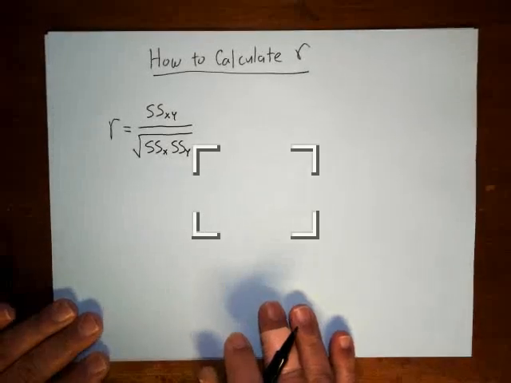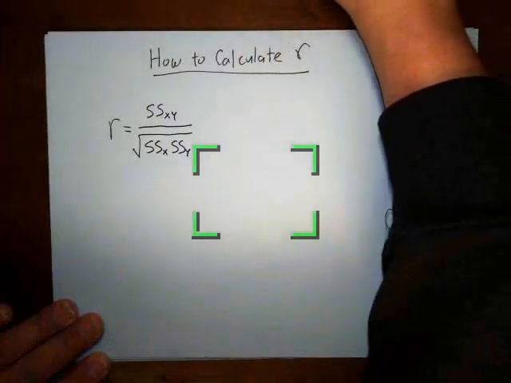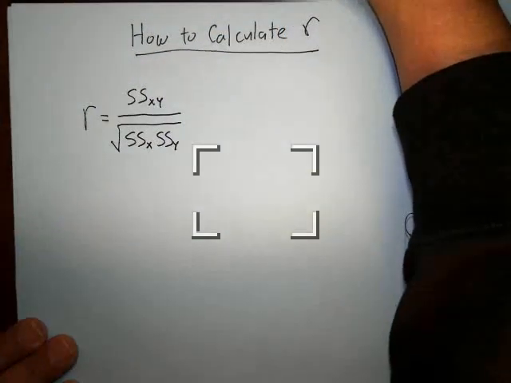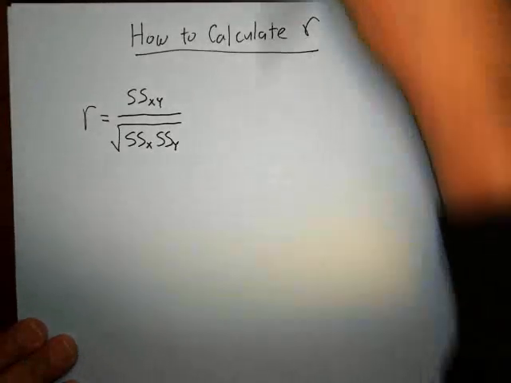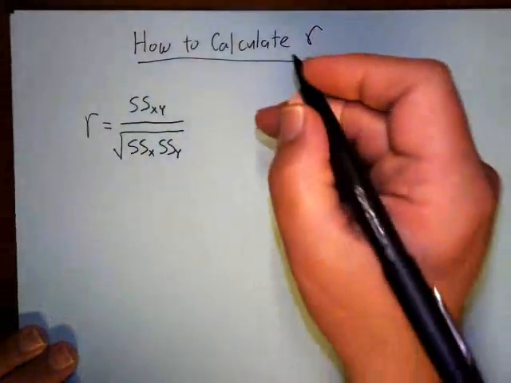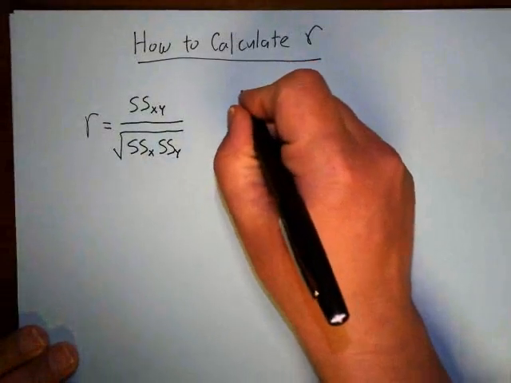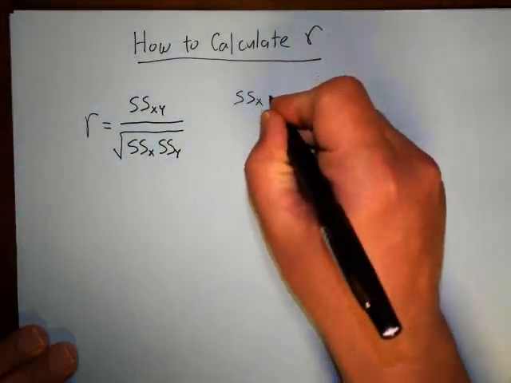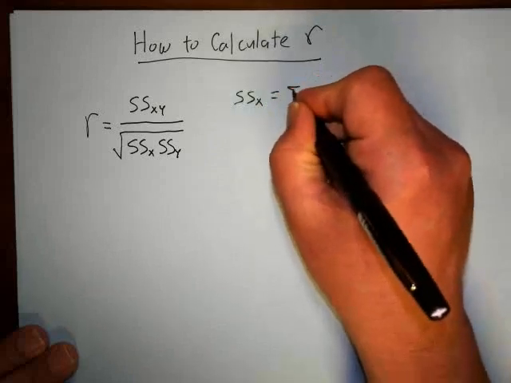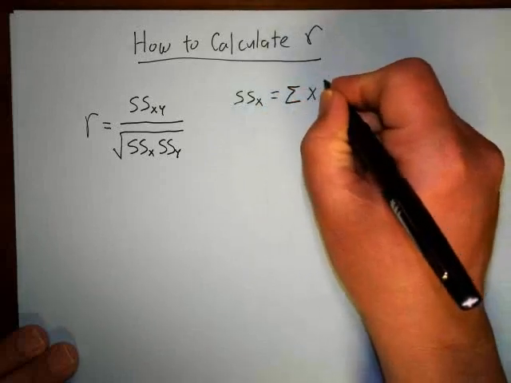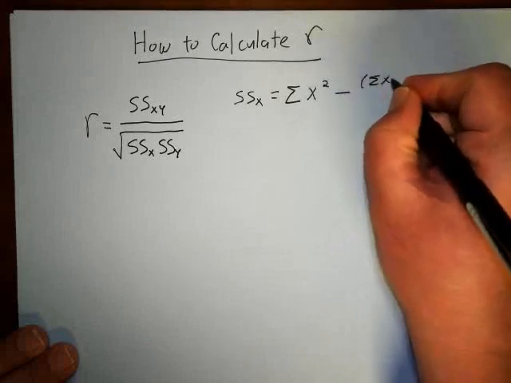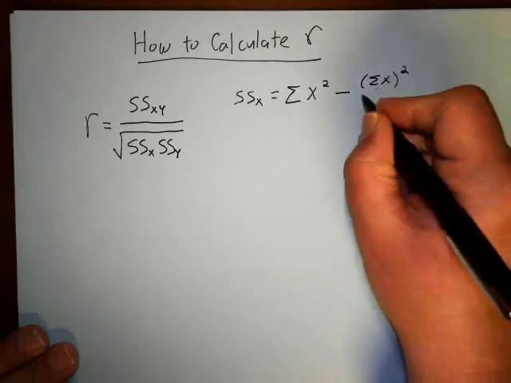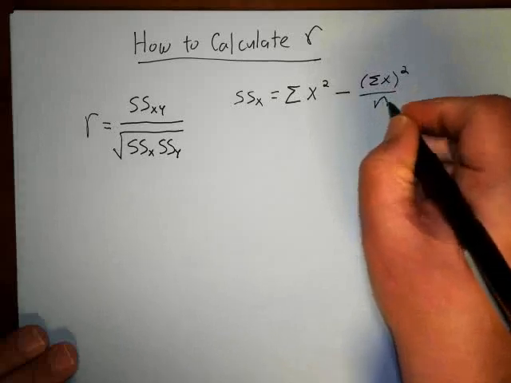And each of these SS's is equal to the following, where SSX is just equal to the sum of x squared minus the sum of x, quantity squared, over n.